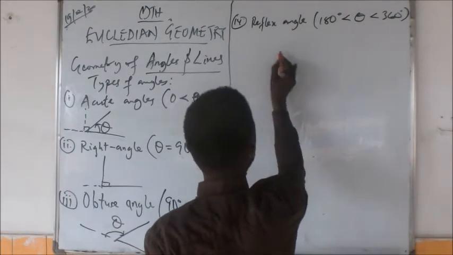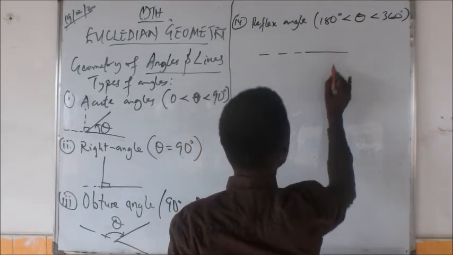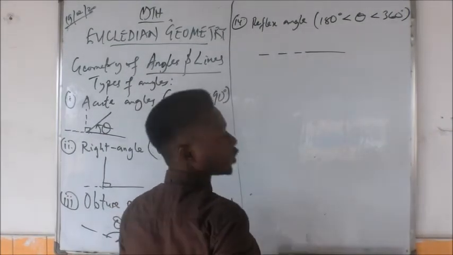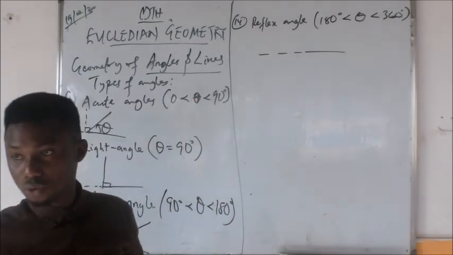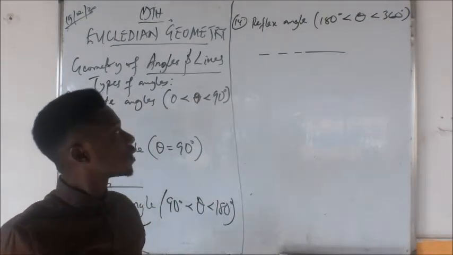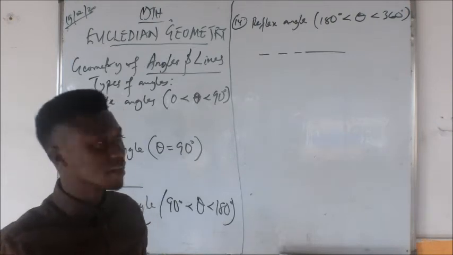Okay, now you assume that this is your straight line. And we say the sum of angles in a straight line is 180 degrees. Very, very good.